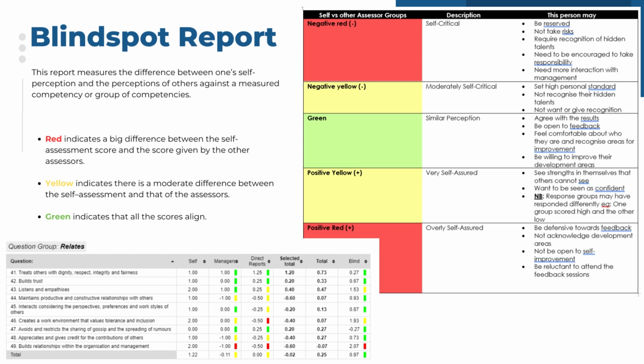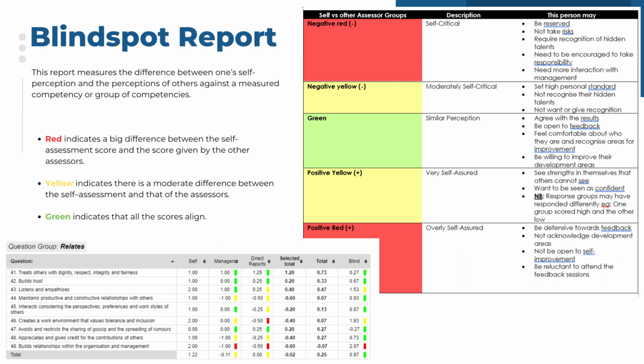I've now got self, direct reports, management, and then a total, but I also have blind spot. It takes all the answering groups except for the self and averages them out, and then compares that average to the self, so the person answering it. It gives me a standard deviation. It helps me look for any perspectives that are completely out of alignment.